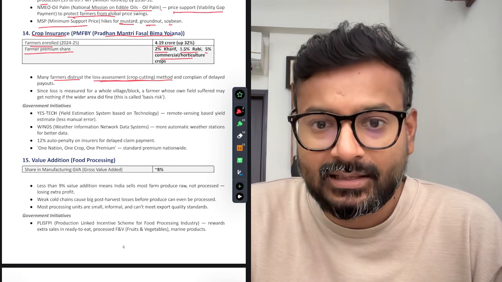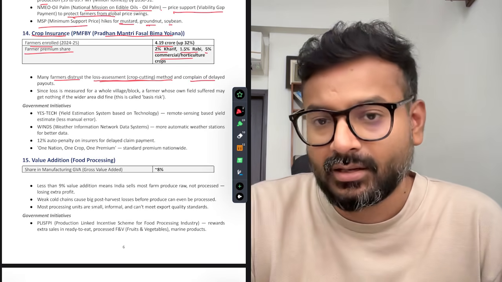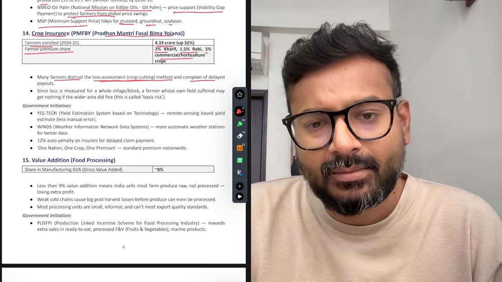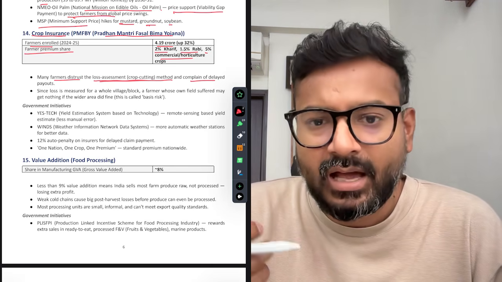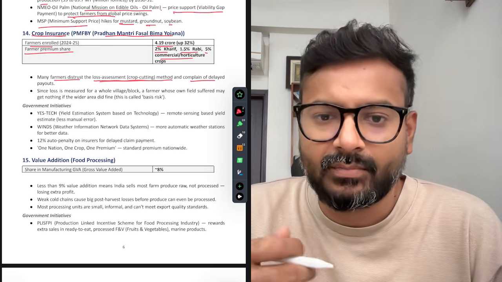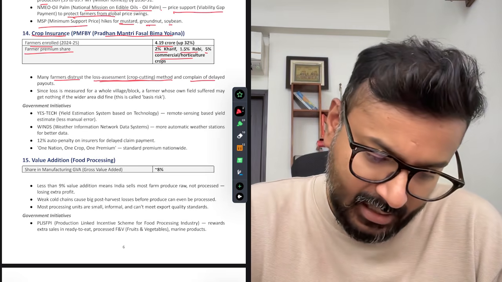They think that they are being underpaid. Okay, there are also complaints of delayed payment. If the payment is not made in time, again, that is not good for the farmers because they have to again, in the next cycle, invest in inputs, invest in their field. So the payment should be on time.